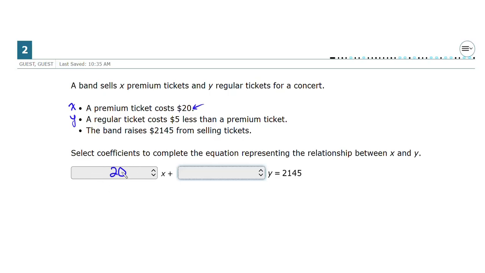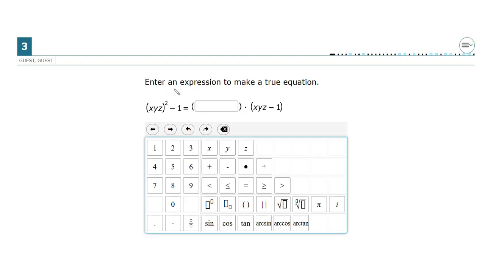On the test, this would be a drop down, and you would select a number from the drop down list. A regular ticket costs $5 less than a premium ticket, which is $15, so we put here 15Y. So our equation is 20X plus 15Y equals 2,145.